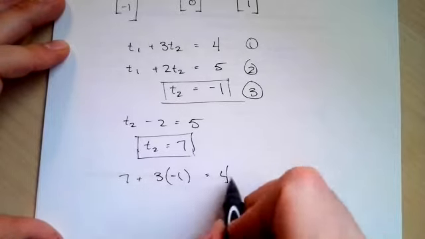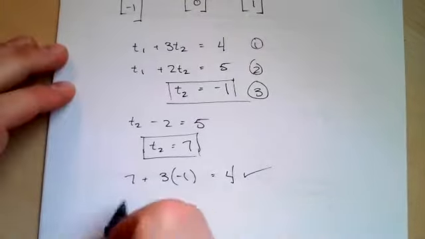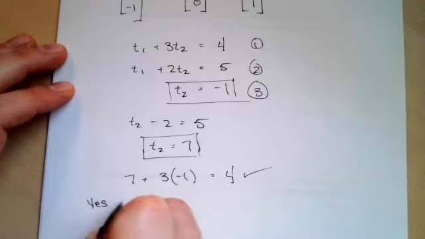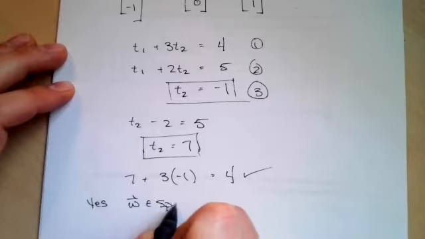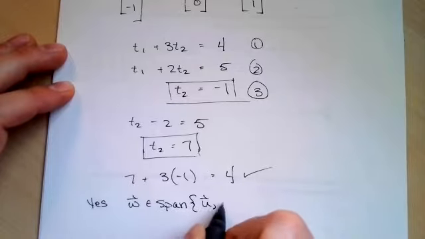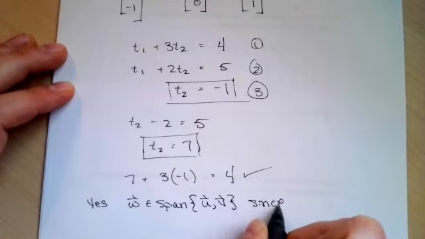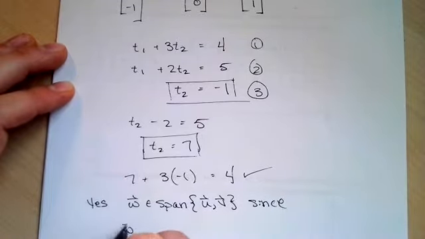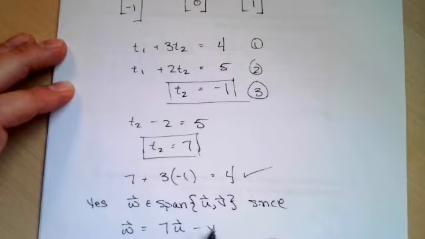So 7 minus 3 equals 4 works. So we have a consistent system, and we can say, yes, W is an element of the span of U and V, since W is equal to 7U minus V.